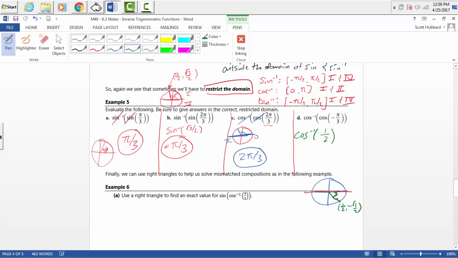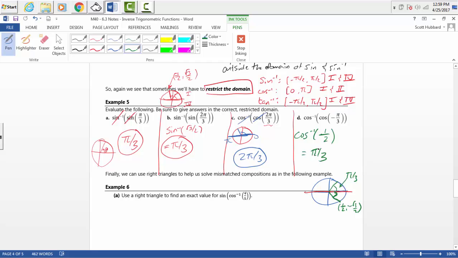And that tells me, cosine inverse of half, what angle, when I plug it into cosine, makes it half? And that's going to be up here. That's going to be pi over 3. And so that's why this answer is equal to pi over 3.